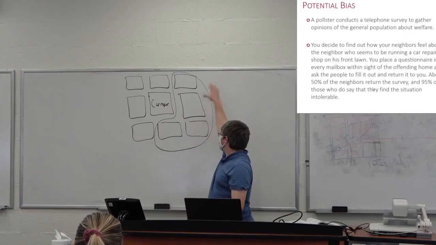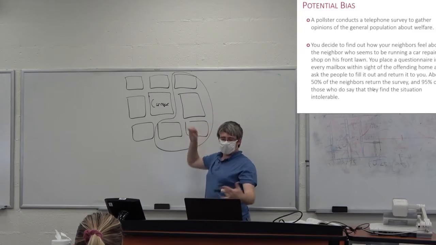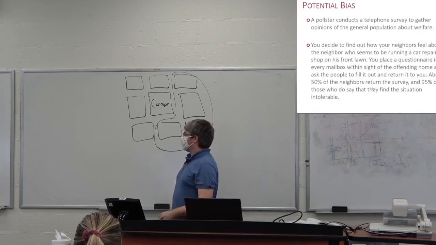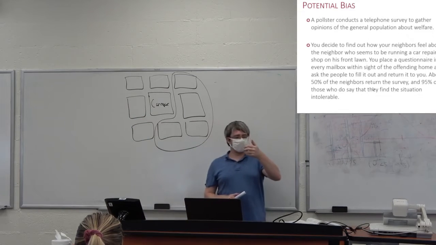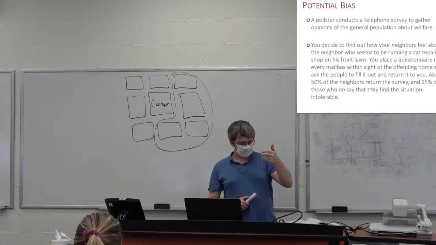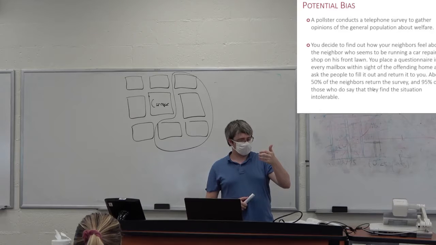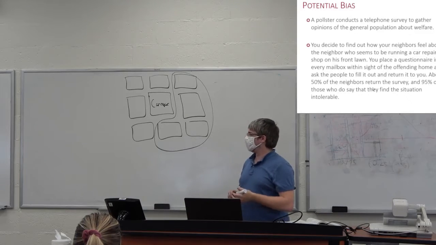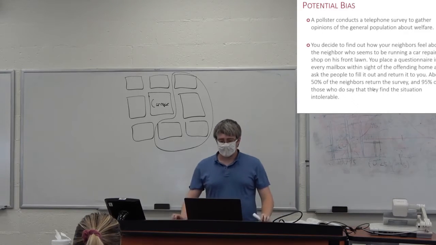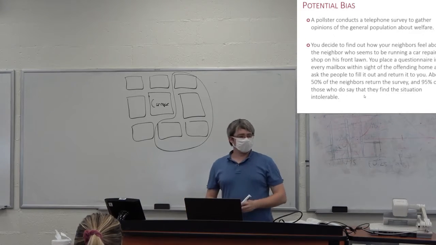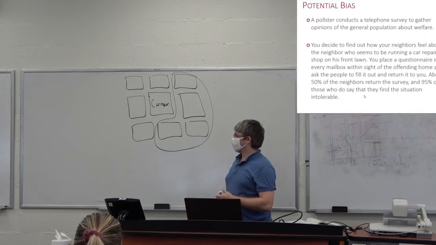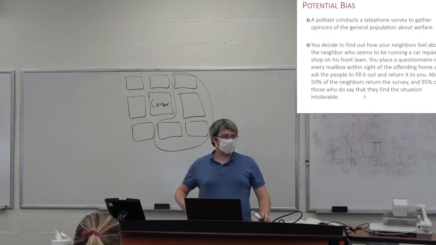These are the people that it truly affects, and that's why they say 95% think it's intolerable. The people over here, they'll read the survey and think, well, I don't really care. They just chuck it out the window, they don't even bother. And so the bias here is a type of response bias where the people who are responding to it are the people that it really affects.